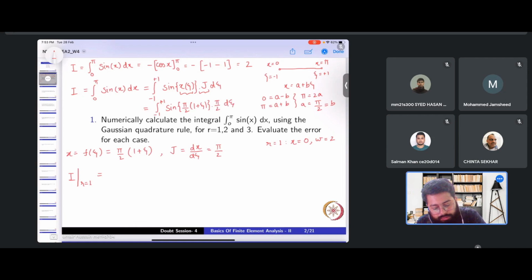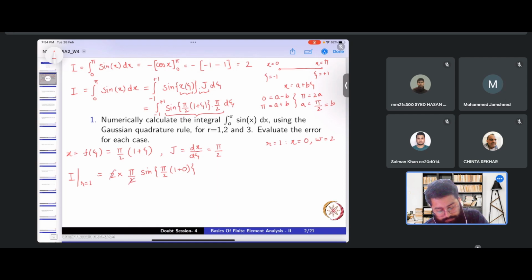So this is our function here. We multiply the weight 2 with the value of the function at zeta equals 0: sin of pi by 2 times (1 plus 0). Right. So what do we get here?